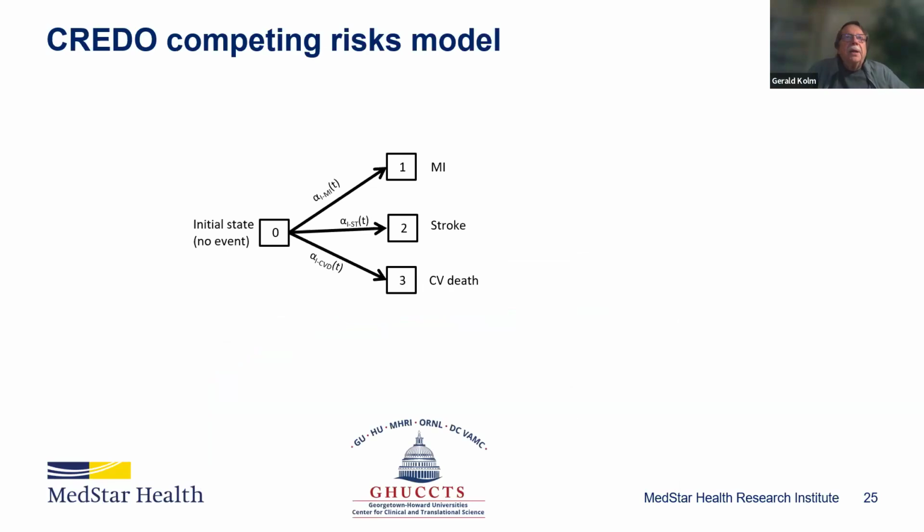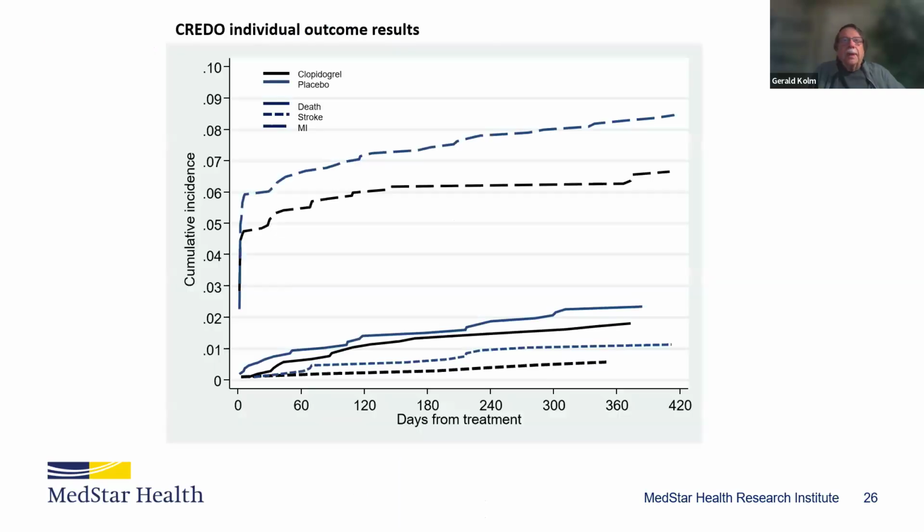So in terms of the competing risk model, we would have this sort of diagram where our competing risks would be non-fatal MI and non-fatal stroke, and our absorbing state would be cardiovascular death. And so if we analyze each individual outcome, this is what their cumulative hazard rates would look like.